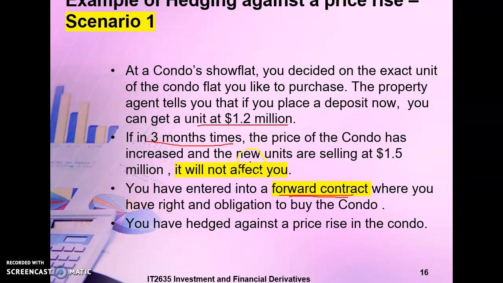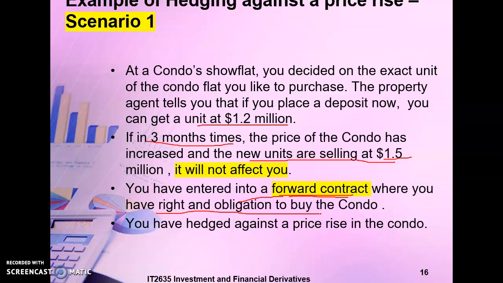So in case, for example, the new price of the condo went up because the demand was high, the supply of this condo is running out, so the price has been pushed up to 1.5 million. But this doesn't affect you because you have already gone into a forward contract, where you have the rights and the obligation to buy this condo at 1.2 million.